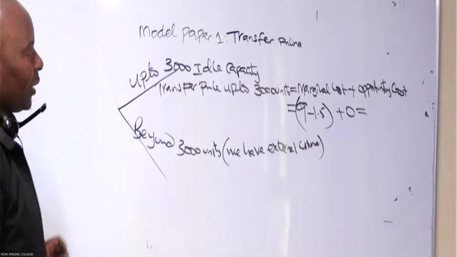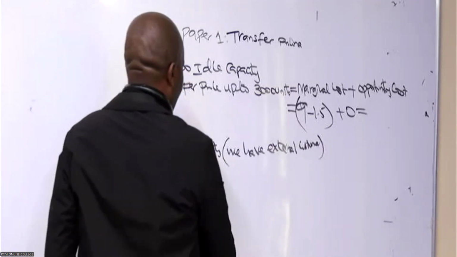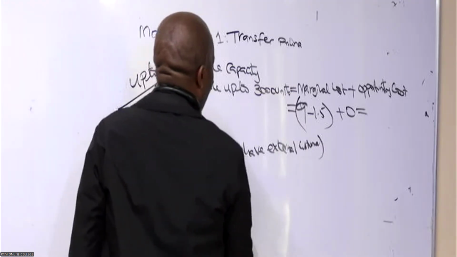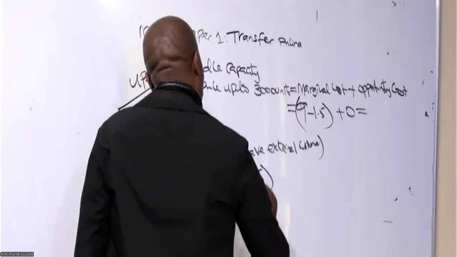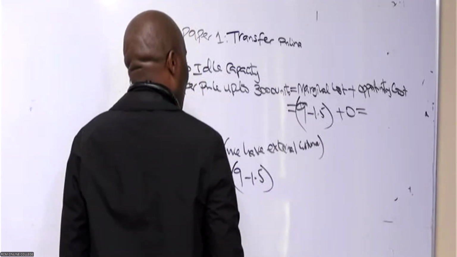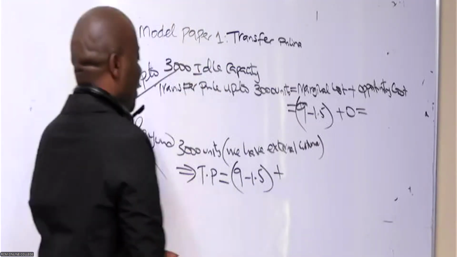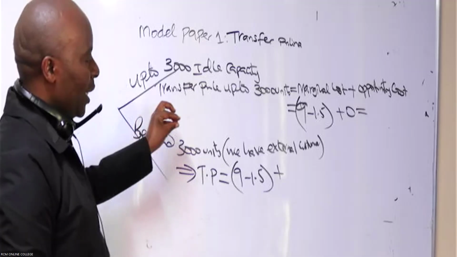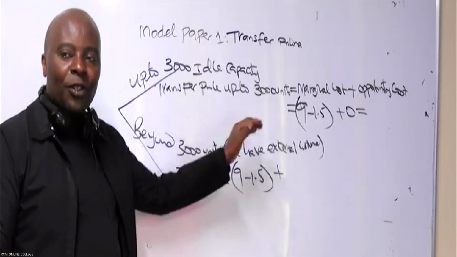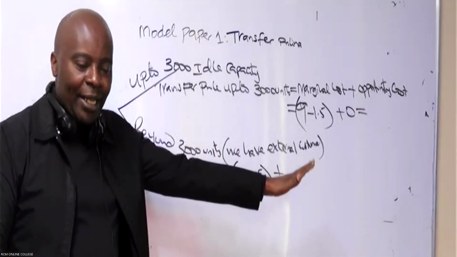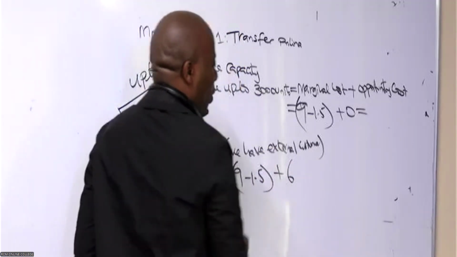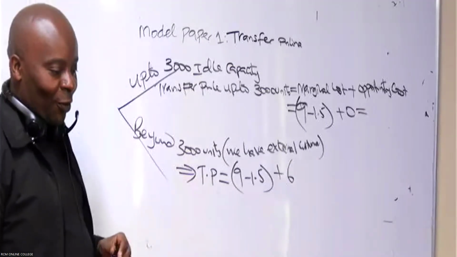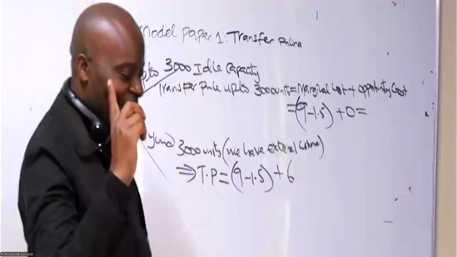Then the transfer price will be the marginal cost, 9 minus 1.5, because you are transferring these goods internally. But now we shall be snatching goods from external customers to sell internally, so we shall lose how much? Do you remember the 6 we are losing? They have forgotten the 6.